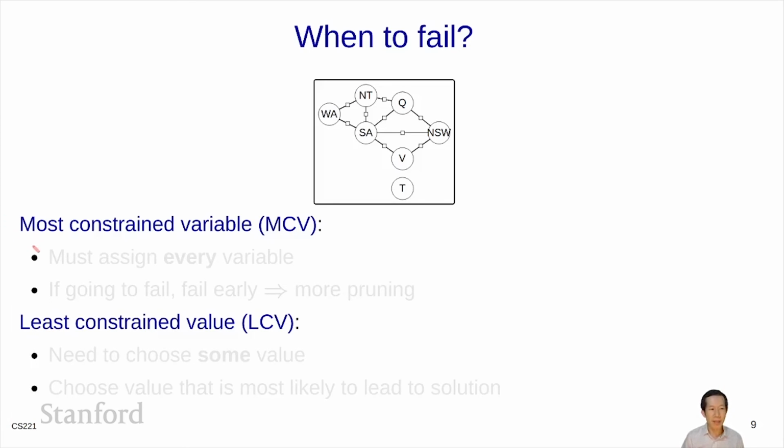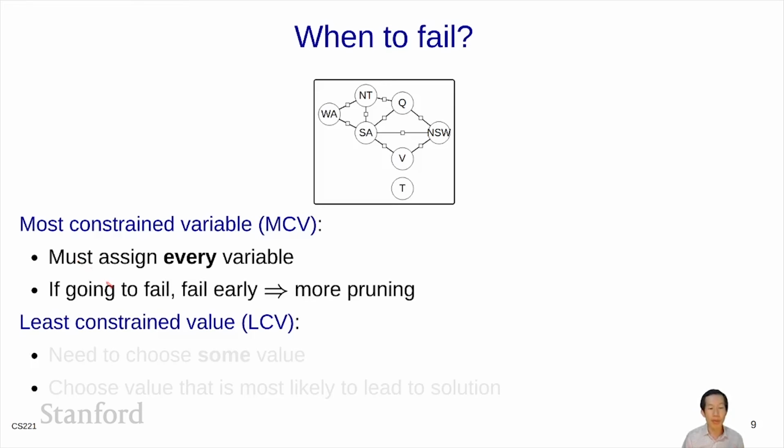So in a CSP, every variable must be assigned. So we can't leave a variable alone and hope that the problem will disappear later. So what we're going to do is try to choose the most constrained variables first. If we're going to fail, we're going to choose the hardest variables first, and we might as well fail early, which leads to more pruning.